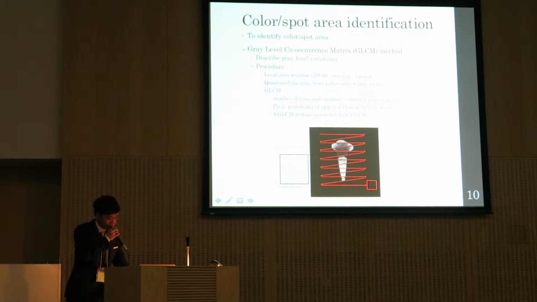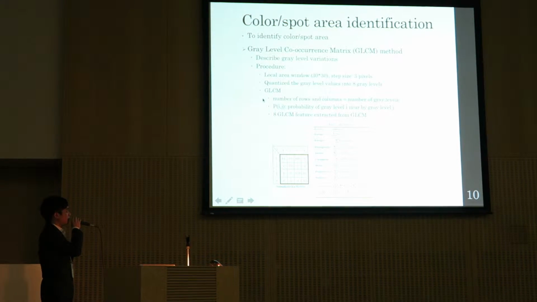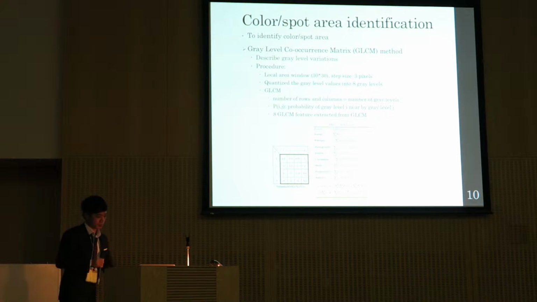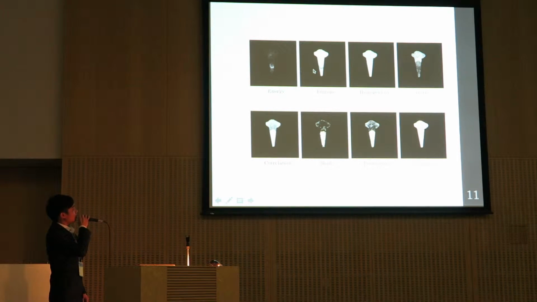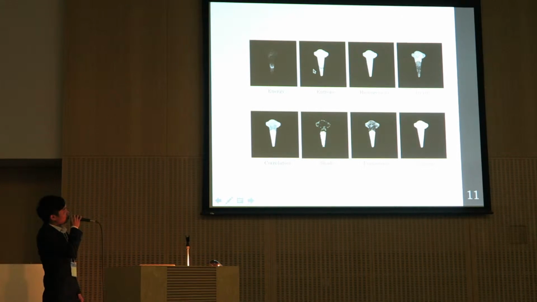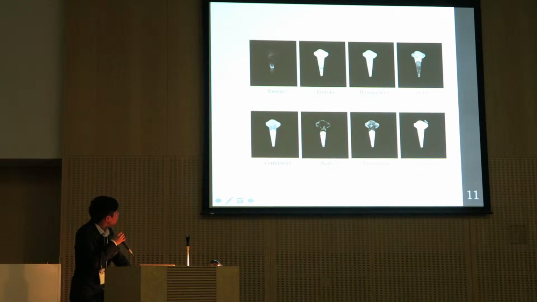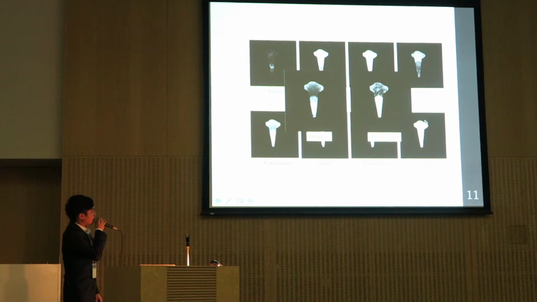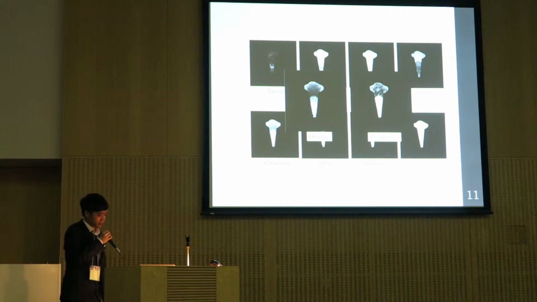And after we get the GLCM, 8 GLCM features were extracted from the GLCM using these 8 formulas. And here are the 8 GLCM feature images. Of all these, we take the prominence feature because it is associated with the spot area of the original image.